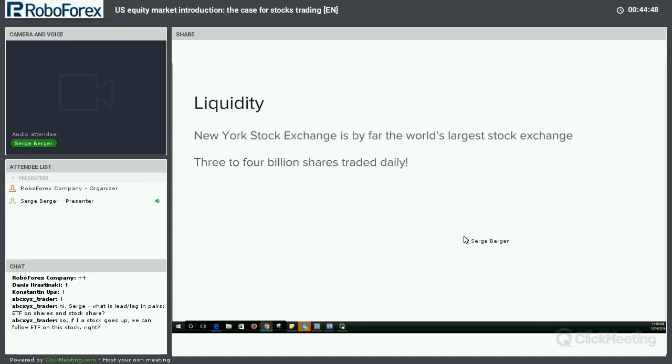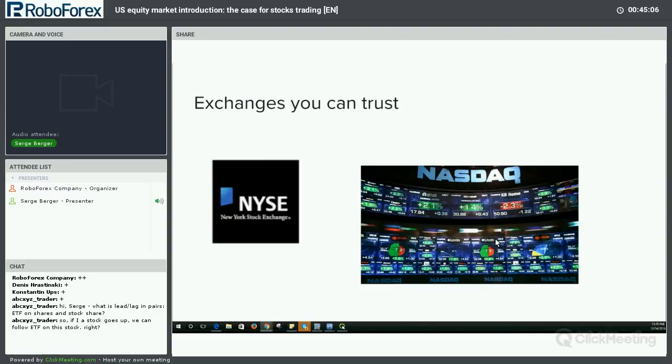Liquidity, we talked about the importance of liquidity. Again, liquidity is a byproduct of having a trustworthy market. 3 to 4 billion shares traded every single day, and sometimes more, I believe, on the New York Stock Exchange. So that's a lot of shares traded on just one stock exchange itself. There are multiple indices, multiple exchanges.